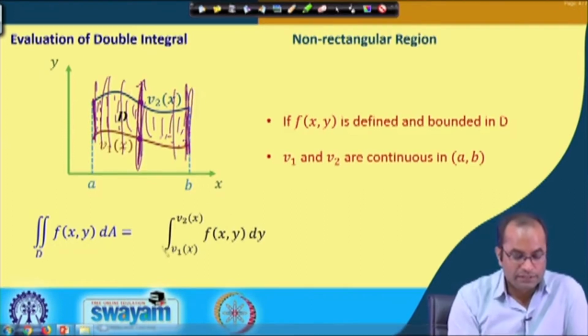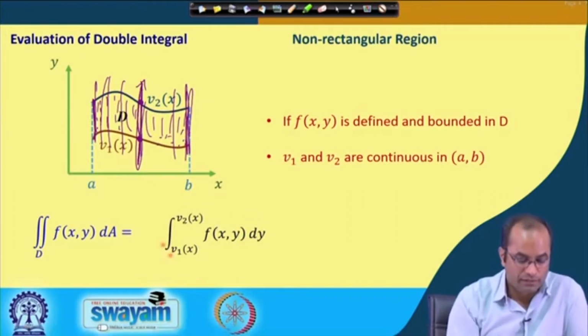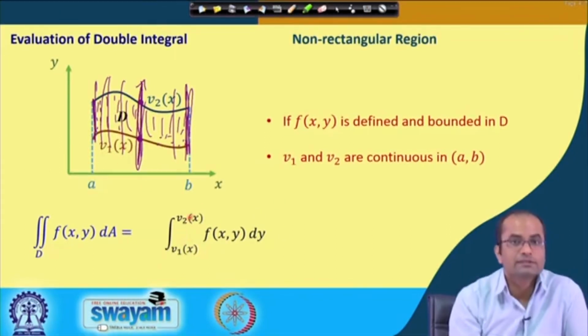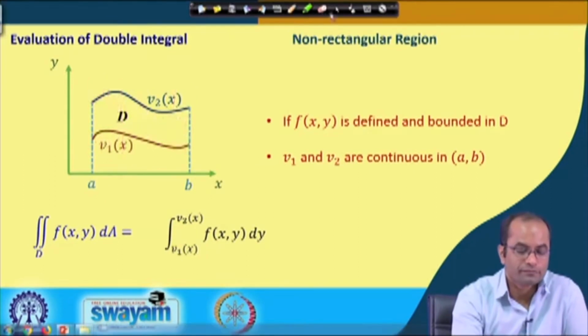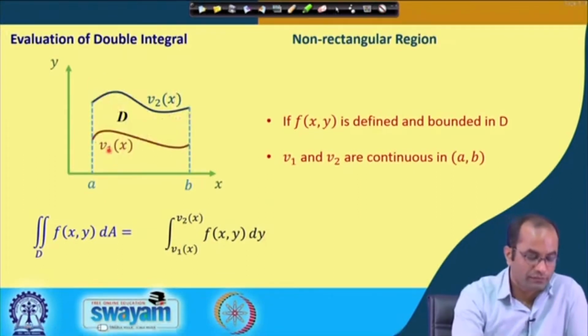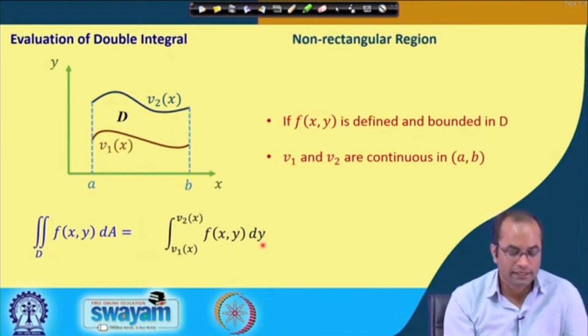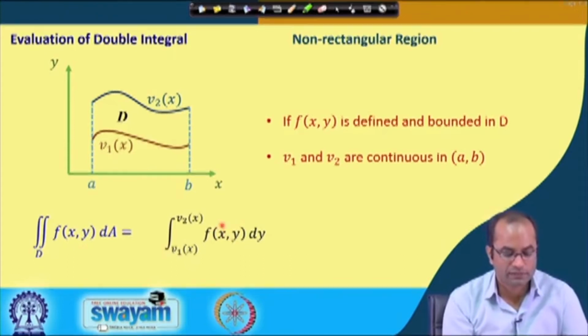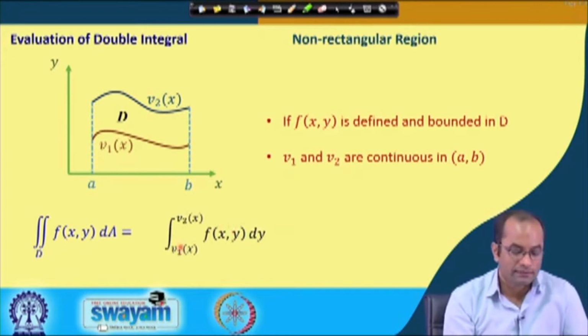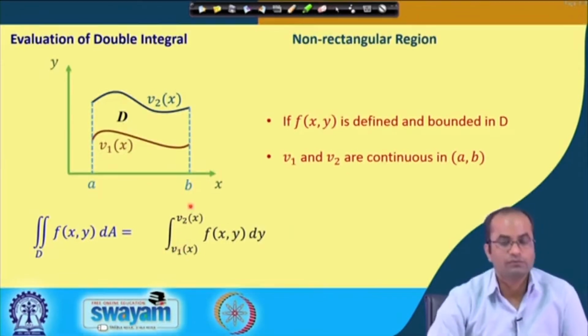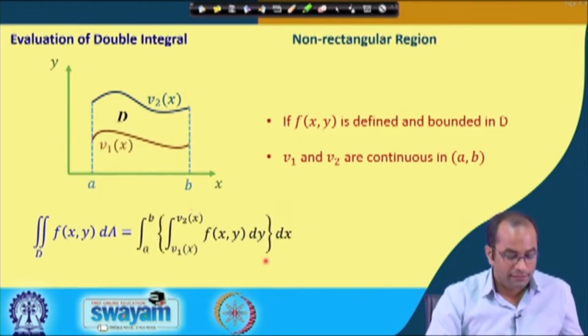So, this is the first integral, which is taken over y. For the y direction we have the limits v1(x) to v2(x). Having this integral first, this is again a single integral, because we are not touching x here; we are integrating with respect to y, with limits from v1(x) to v2(x).